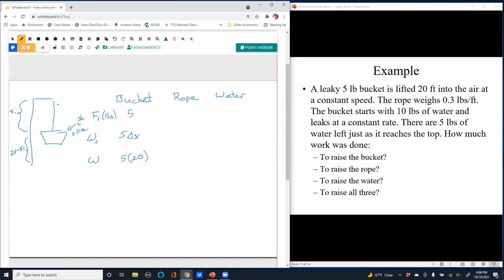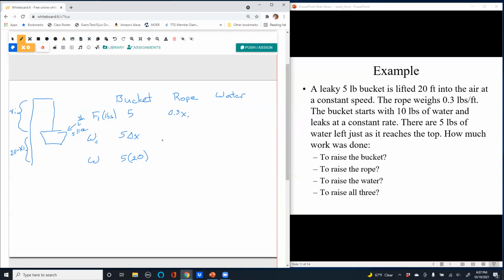Let's talk about the rope. Here's our rope. We have X sub I feet of rope, and its density is 0.3 pounds per foot. So the weight of the rope at this given point is 0.3 X sub I. There's our varying force.